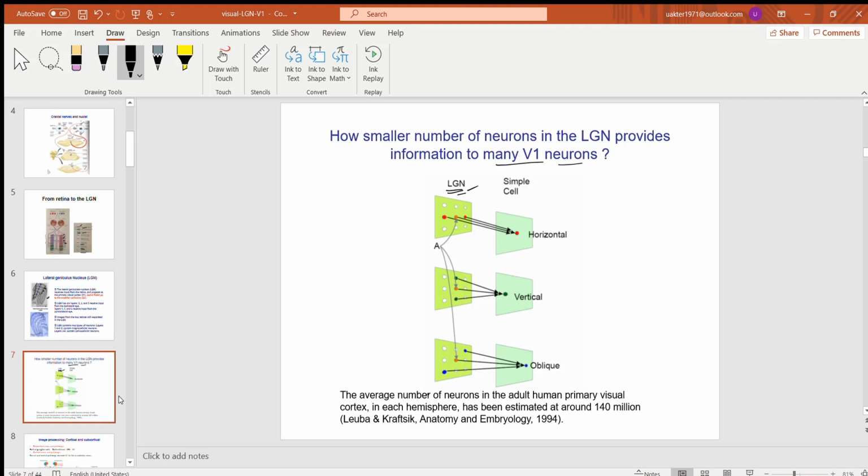For example, if you present a horizontal bar or a stimulus, then these 3 lateral geniculate nucleus neurons are activated by this bar. Okay. Now, if you change the orientation, now present the bar vertically like this, these 3 neurons are being activated in the lateral geniculate nucleus.